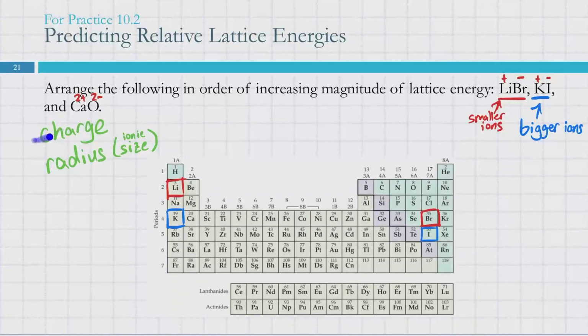Which effect is bigger, charge or radius? The charge is bigger because our energy is proportional to charge 1 times charge 2 divided by radius. If we're going from a 1 to a 2, that's going to double our energy. If we're going from a negative 1 to a 2 minus, that's also going to double our energy, so 4 times the energy. So calcium oxide, we would expect to have the highest magnitude.